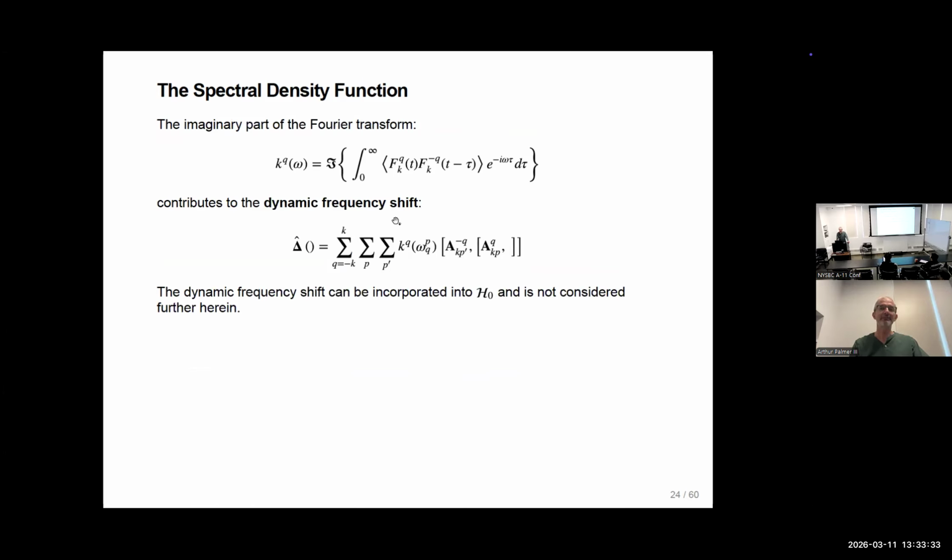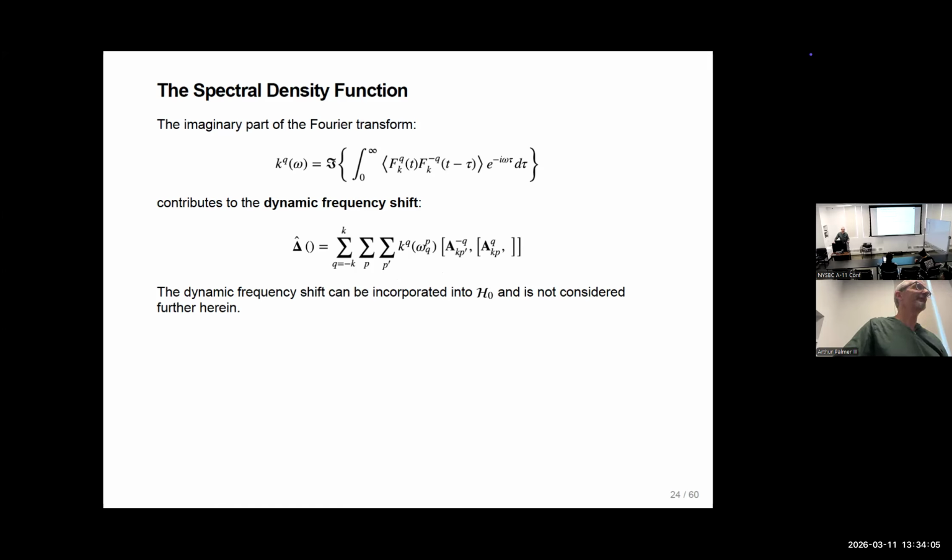Now, the imaginary part is called the dynamic frequency shift. And Raphael Bruschweiler showed many years ago that you could recast this dynamic frequency shift term into something that looked like a commutator, and therefore it could be lumped in with H0.